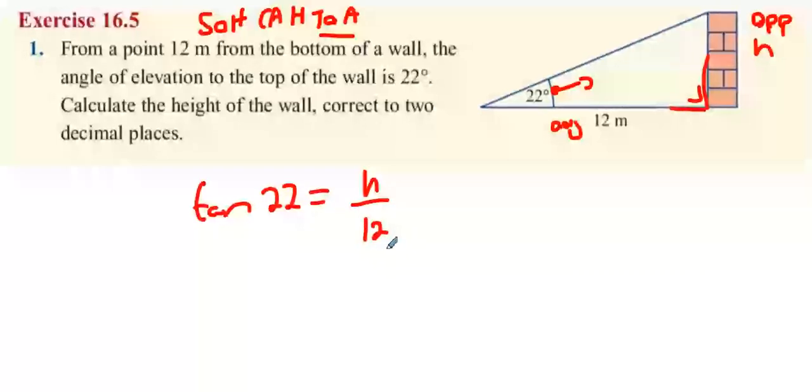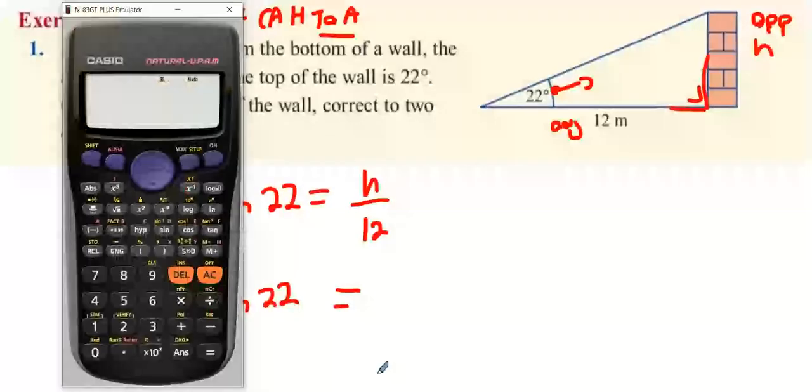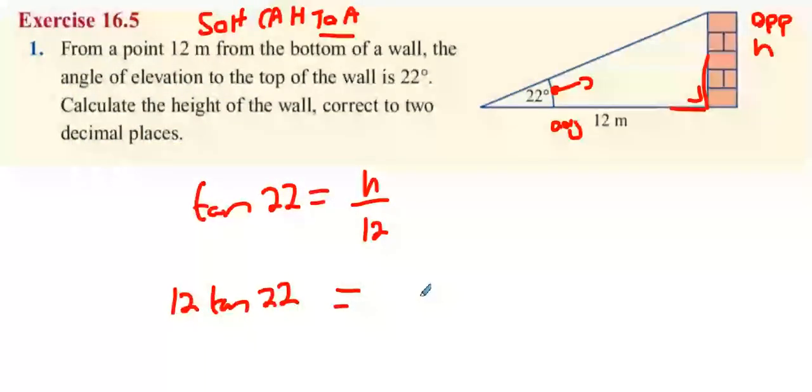Then we cross multiply. The 12 is division on the right, which means it can be multiplication on the left. Then we enter 12 tan 22 into our calculator. So 12 tan 22, and we get 4.848 or 4.85.